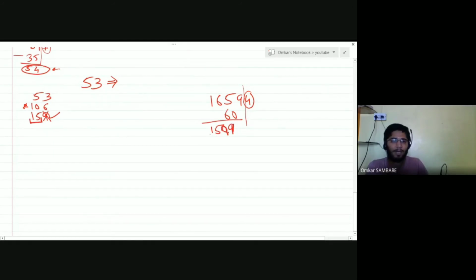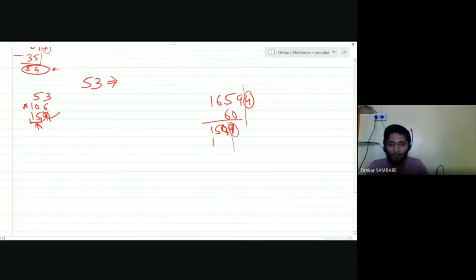Okay, then the next part. I don't know whether this number is divisible or not. So again I will take the last digit, multiply it with 15. So 15 into 9 is 135.